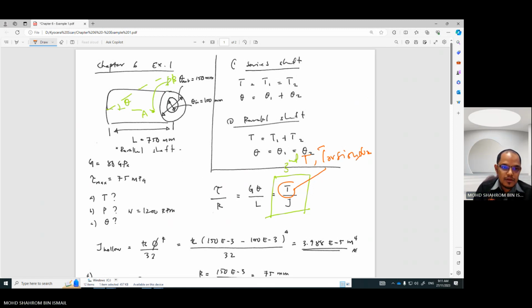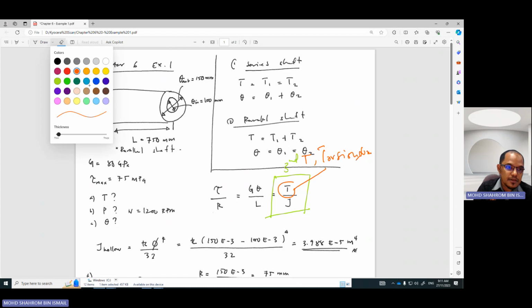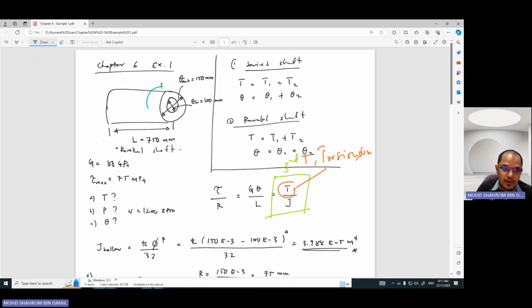Okey. Maksudnya dalam arti kata lain, ini ialah struktur awak. This is your structure. So just imagine that it been clearly dikenakan daya macam ni. Dia pusing. Torsionnya mungkin something, let's say 5 Newton meter.